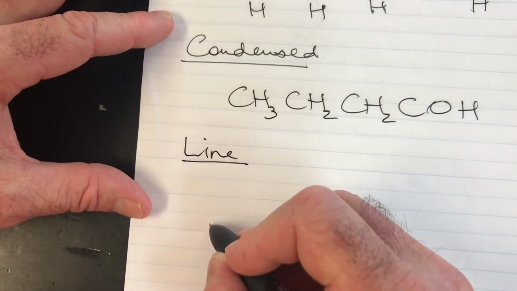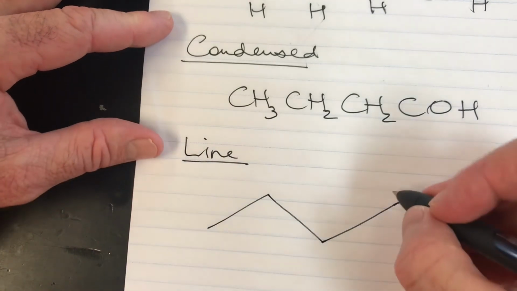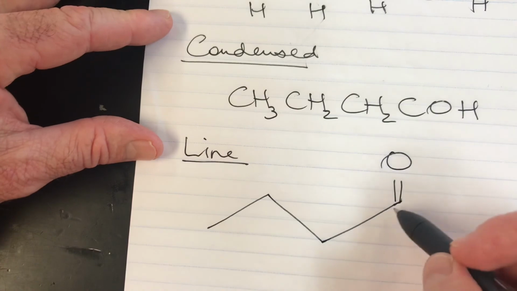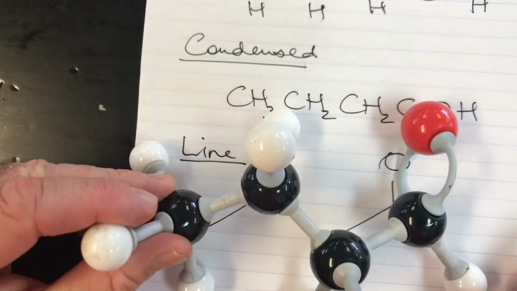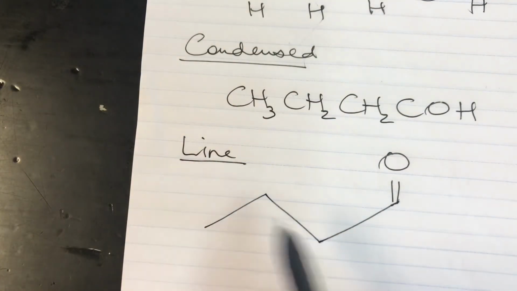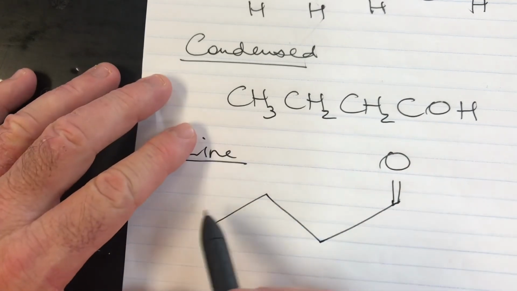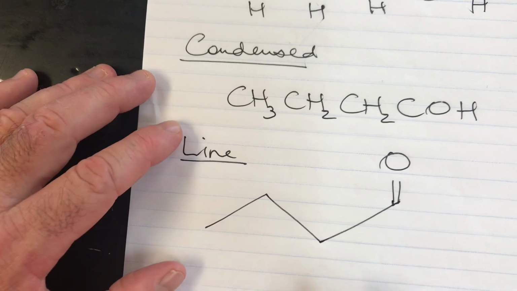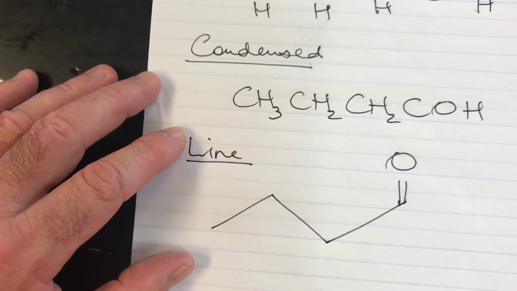Well, like the start, 1, 2, 3 zigzags, and the carbonyl group at the end. That's pretty much how it is, isn't it? Remember, the line structural formula assumes that you can piece together all the other atoms in this molecule, yeah, and to obey the octet rule.